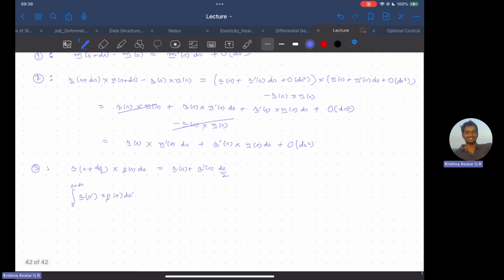Since this ds is already very small, let's see what we can do here. Let's reformulate this as an integral from 0 to some epsilon.